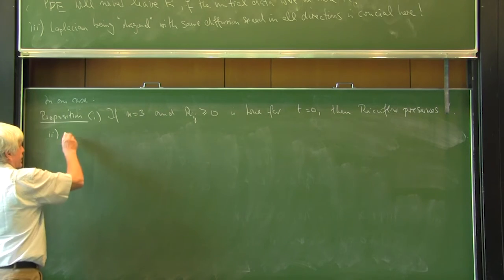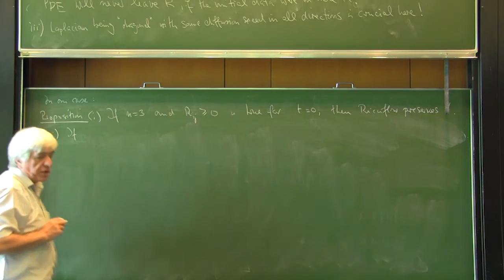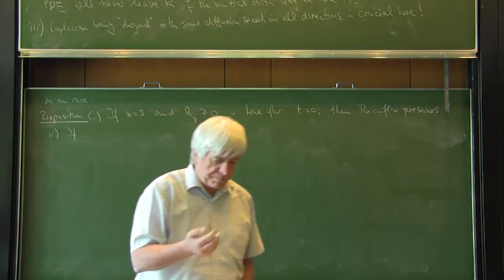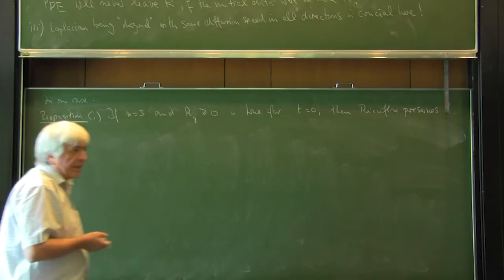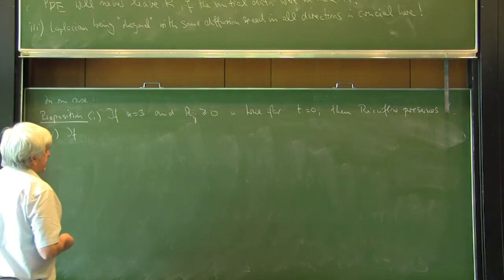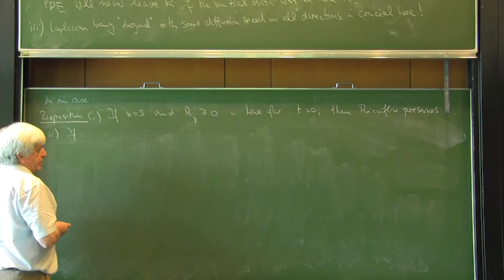So secondly, if the Ricci curvature is strictly positive, then because of compactness, we get some epsilon such that all eigenvalues are strictly bigger than 0.